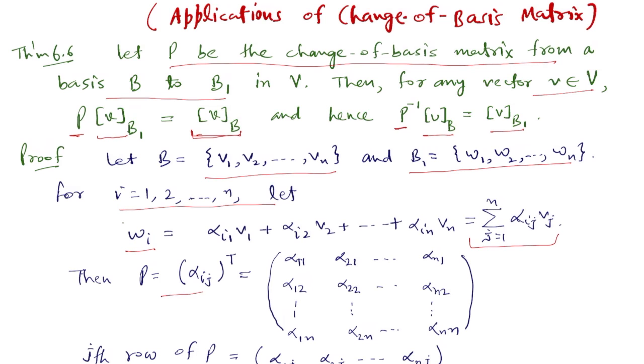Then P will be the transpose of the matrix alpha ij. Notice that in the first row we have 1, 2, ..., n and the second subscript is 1. So in the jth row the second subscript will be j. So the jth row of P is alpha 1j, alpha 2j, ..., alpha nj.